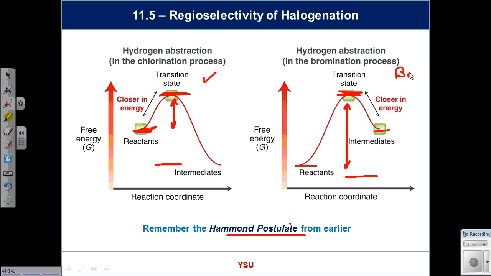Bromine's so laid back, just wants the best for everybody. It's the hippie of radicals, right? So it goes after the molecule, and it says, dude, you're a primary system. That's not the best overall outcome. So it backs off, and it goes and says, oh, secondary. And it goes after the secondary system, and all of a sudden it's like, dude, we're getting a secondary radical product. That's how it works.